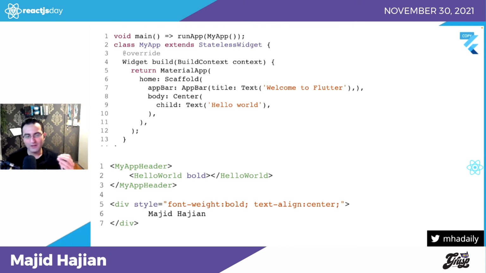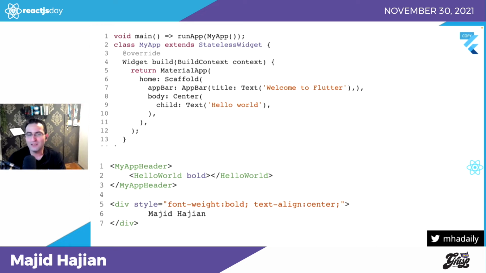Let's get another example. Now, actually, I want to show you how you can create this widget tree and import and export a little bit. So what you see here is very simple again. You have a class called MyApp. It's going to scaffold your application. Don't worry about these names because they should not scare you. These are just components.